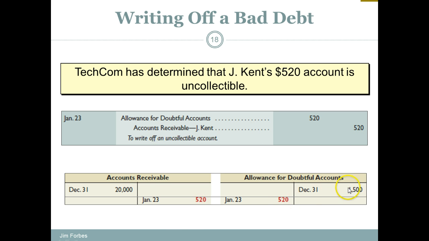So you notice how this is getting reduced, and the accounts receivable is getting reduced. This can confuse students, so I would recommend spending a little bit of time here and getting used to this. This is obviously going to be tested also.